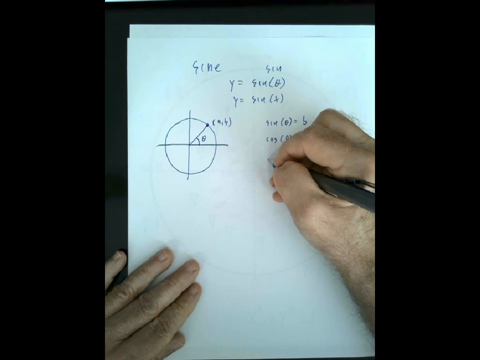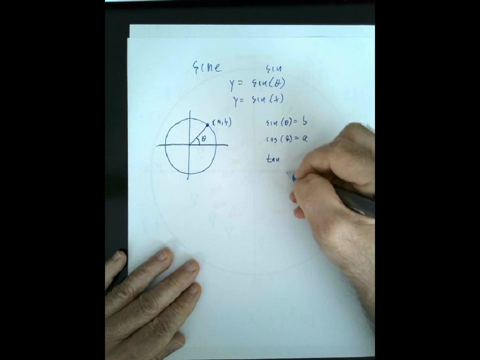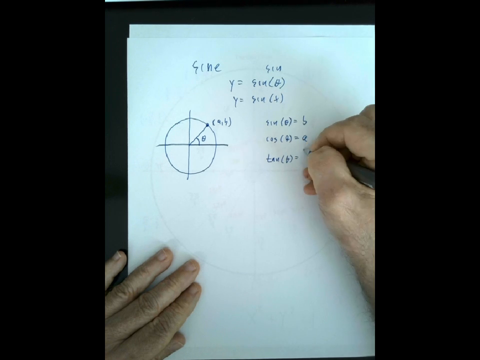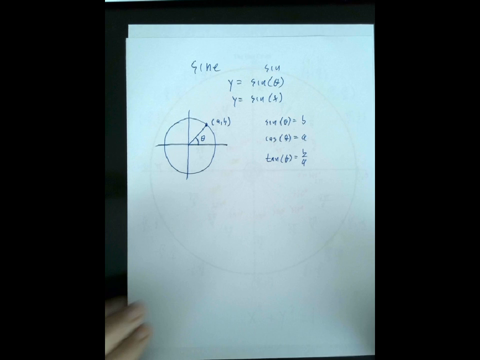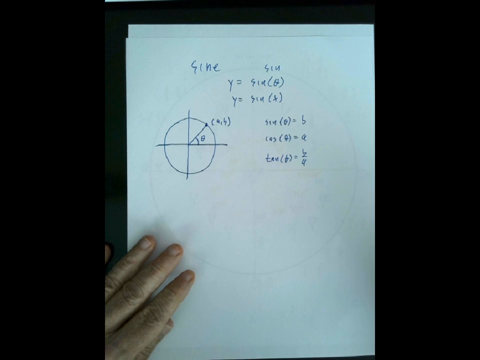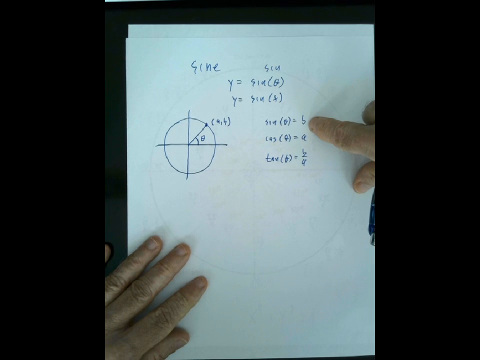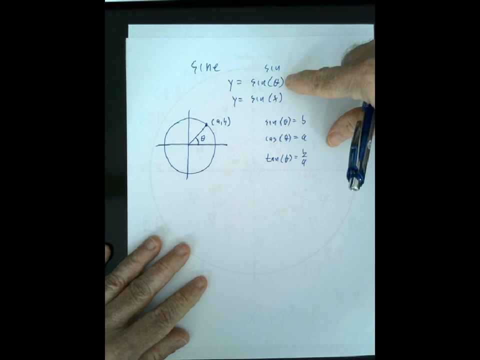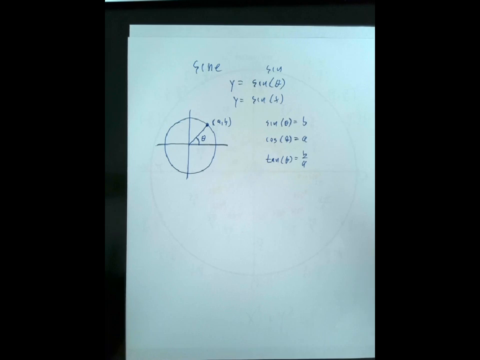And it turns out that the tangent, abbreviated tan, is equal to B divided by A. It's the ratio of the two. So on this sine function, y equals sine theta, theta is the input, the x.